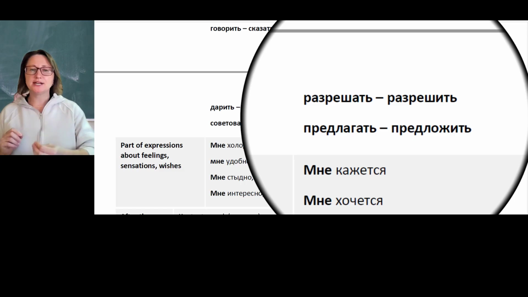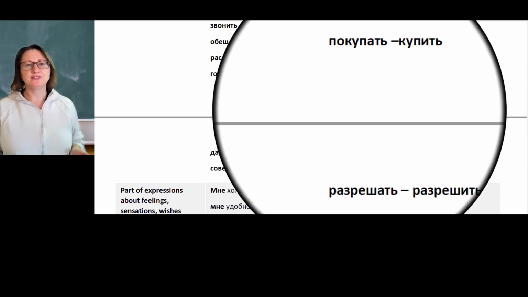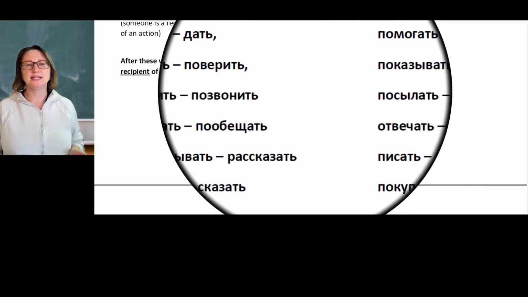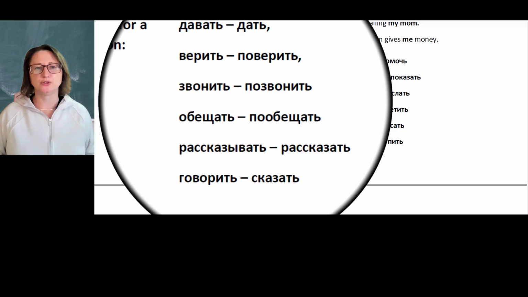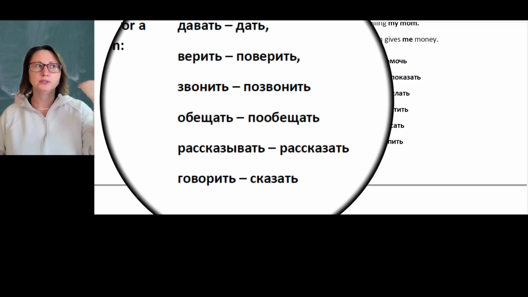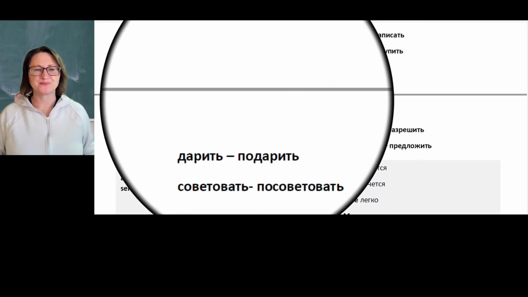Finally, предлагать, предложить, to offer. Whoever we offer something to, dative. As you can see, it's good to be learning these little by little, just like I was presenting it to you: whoever we promise something to, dative. Whoever we respond to, dative, and so on.